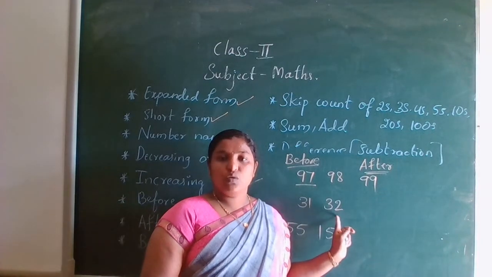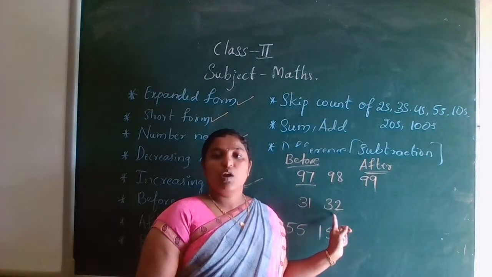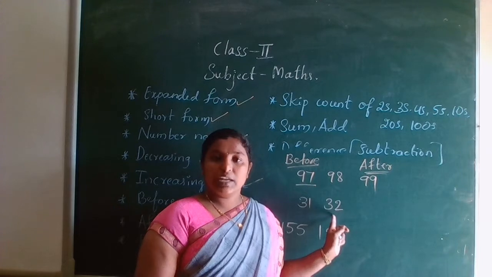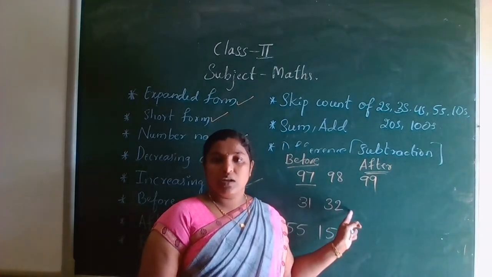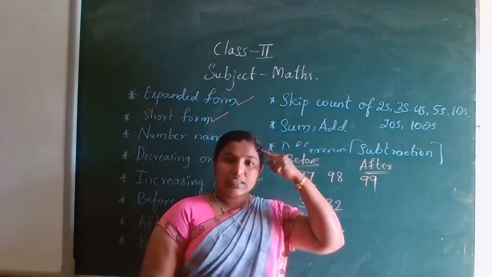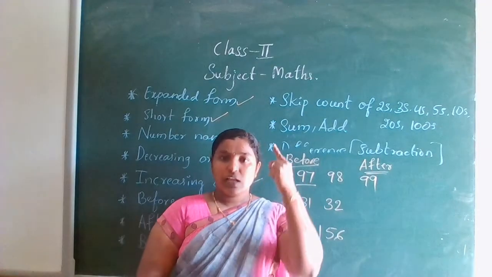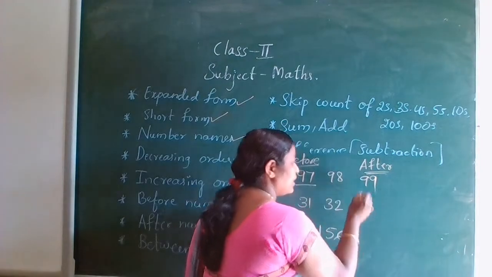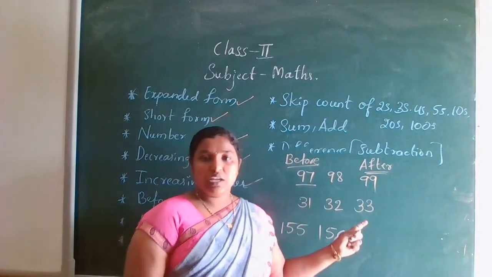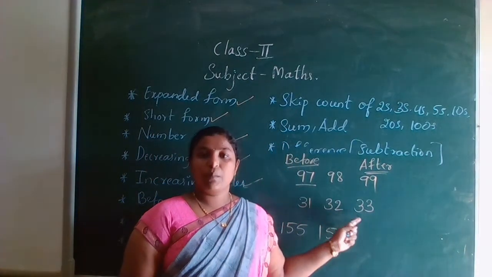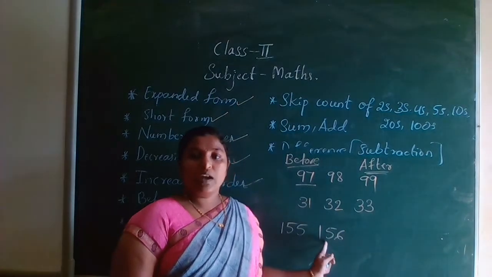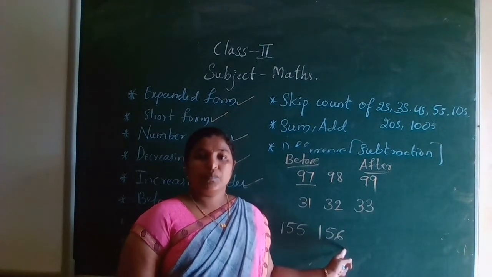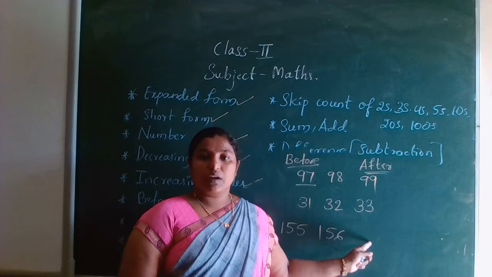Next 32. To write the after number, what we should do is 32 plus 1. So the answer is 33. 33 is the just after number of 32. 156, right after number.